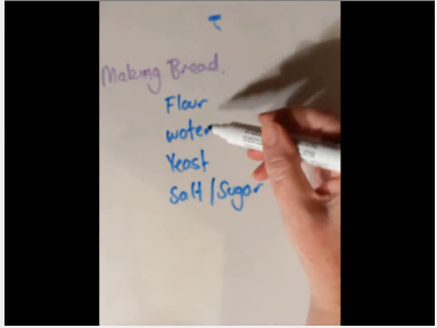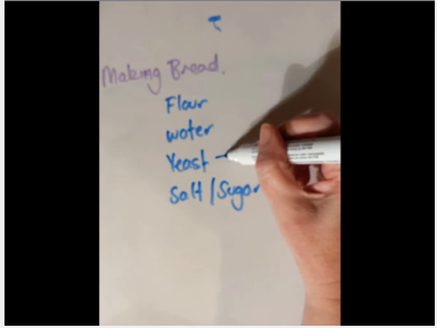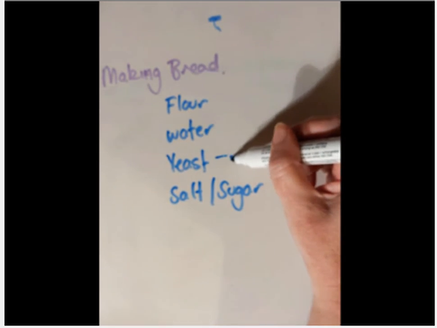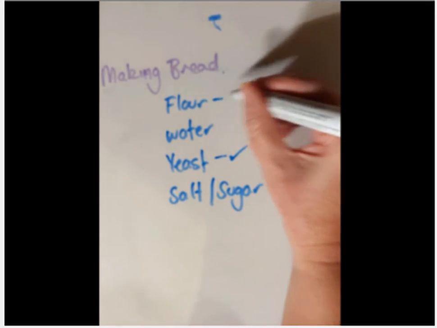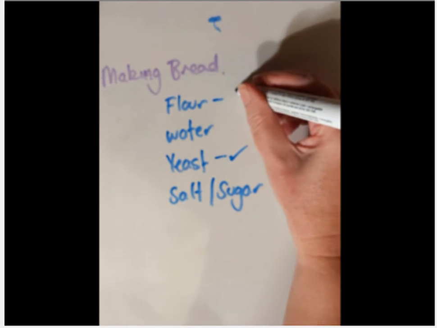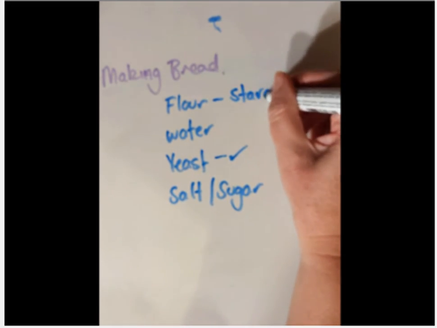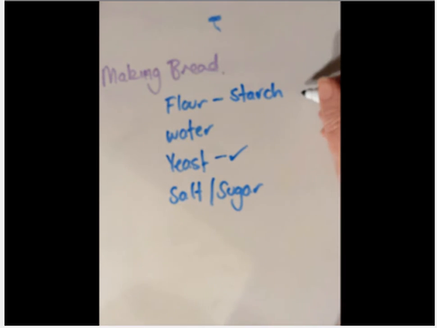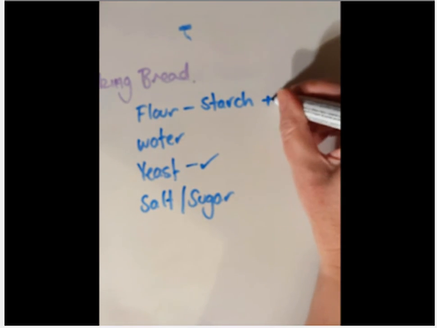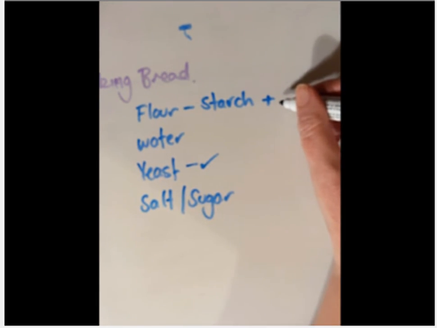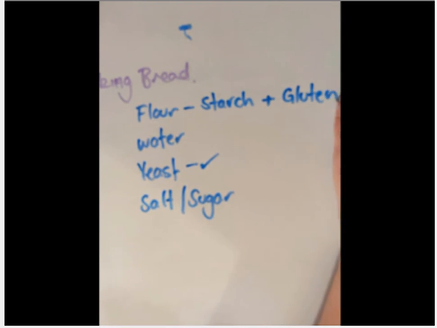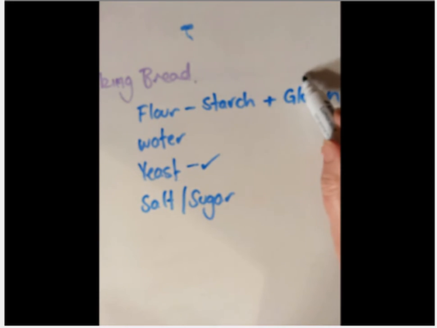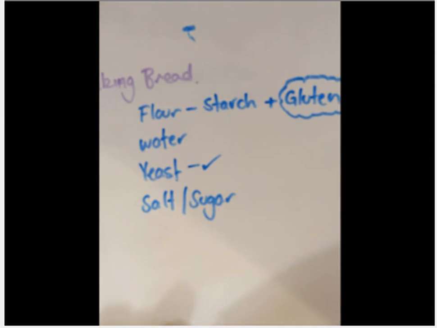When we look at these ingredients, we already know that yeast is a natural food component, but when we look at flour, we know that one of the natural food components is starch, but we also have a protein in there in the form of gluten. And we're going to talk a little bit more about this protein called gluten.